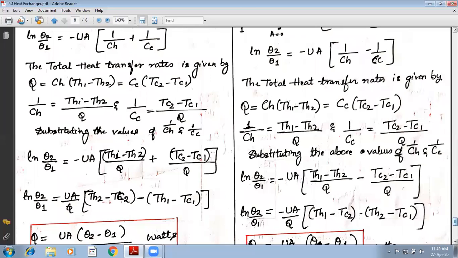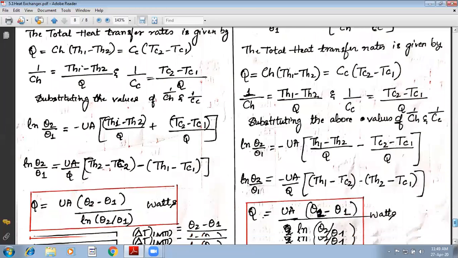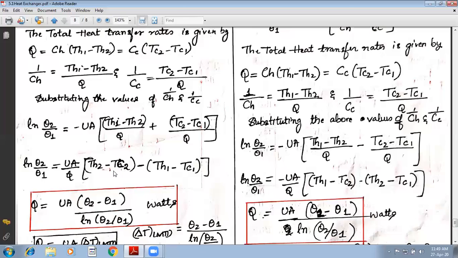If you multiply the negative sign to the inner brackets, you will have UA, with Q taken out. Make some arrangements such that TH2 minus TC2 comes in one bracket, and TH1 minus TC1 comes in the other bracket.